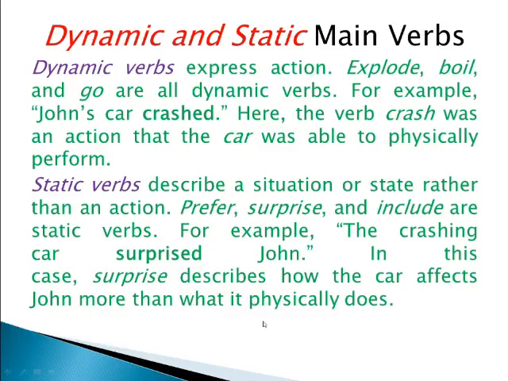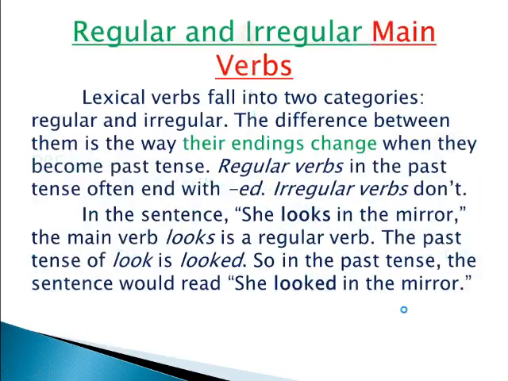So here some examples of dynamic verbs and static verbs have been given. Let's go to the next one. Regular and irregular main verbs. This one also you might have heard or learned in previous classes. What is a regular verb and an irregular verb?